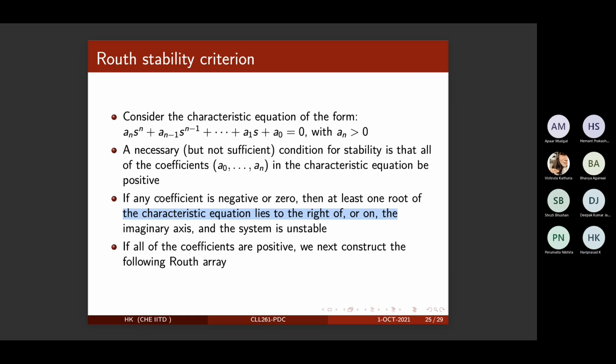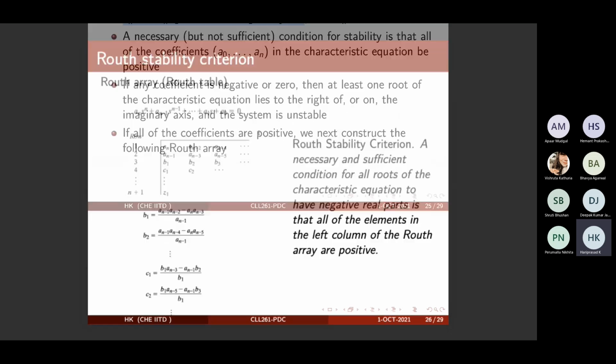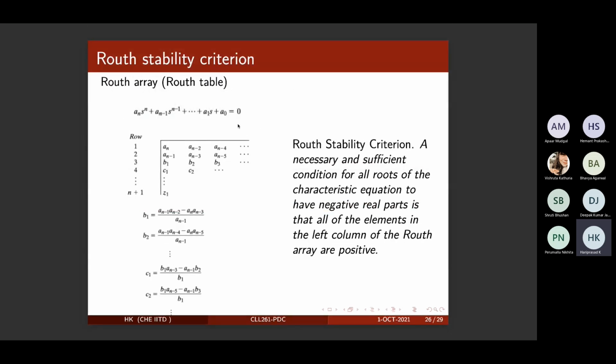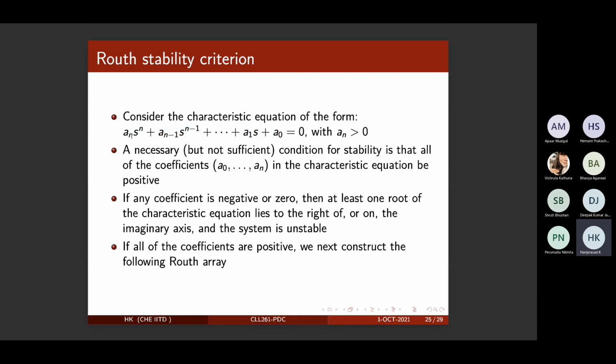First thing you have to check is whether all the coefficients of this polynomial are positive. If they are positive, that is known as the necessary condition. If at least one of the coefficients is negative, we can stop checking further, as there is a chance that a root can go into the right half plane.